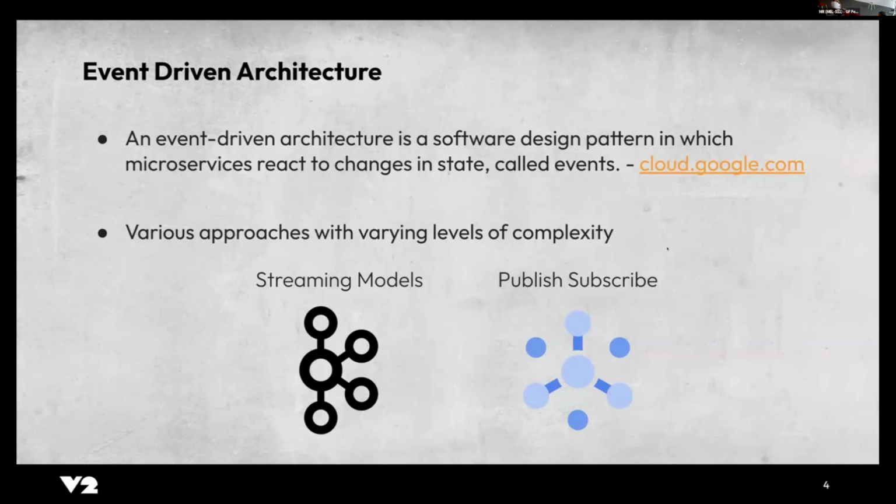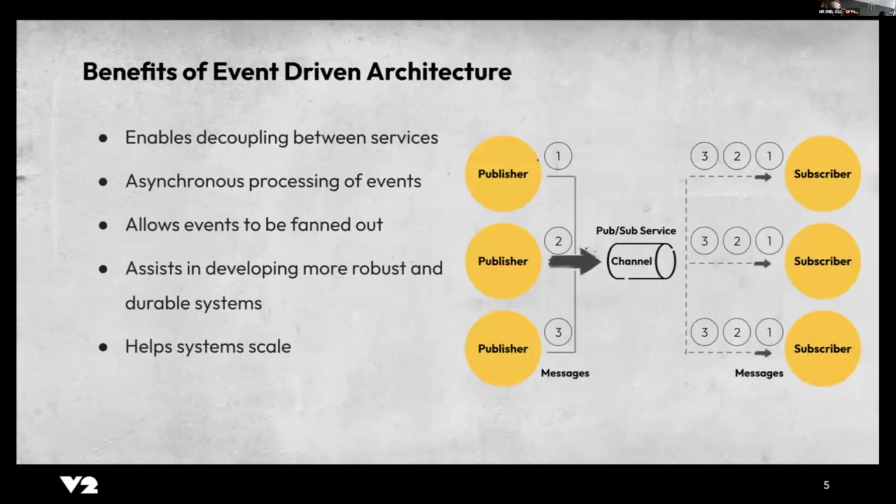There are various approaches to event-driven architecture, from really complex streaming models relying on technology like Kafka, to simple publish and subscribe with Google services. But you still get the benefits of event-driven architecture. It allows you to decouple services, scale independently, and process independently.